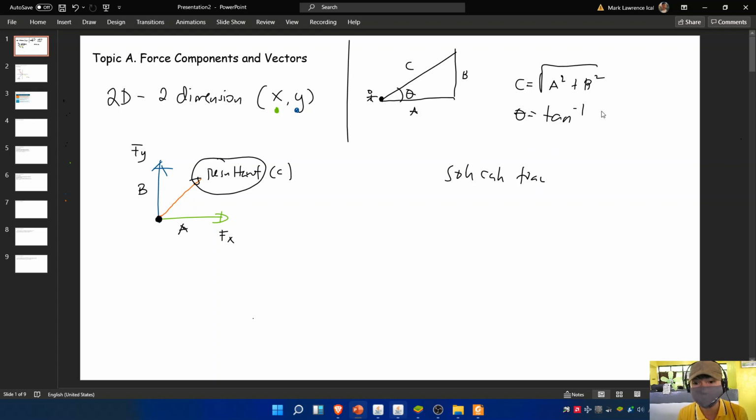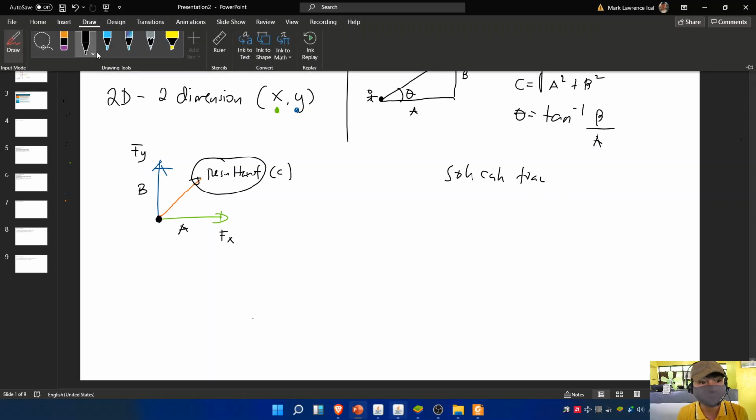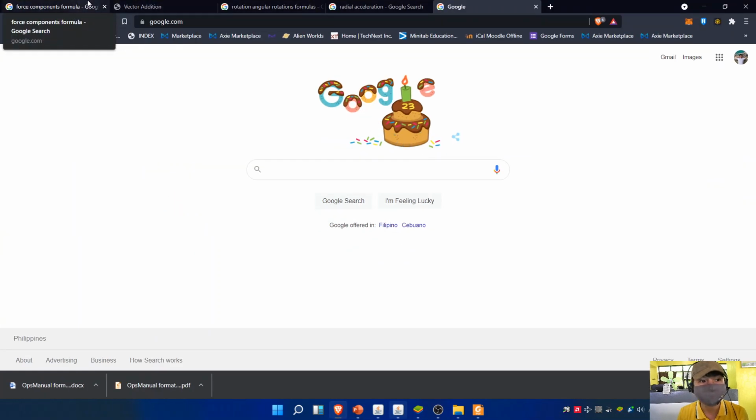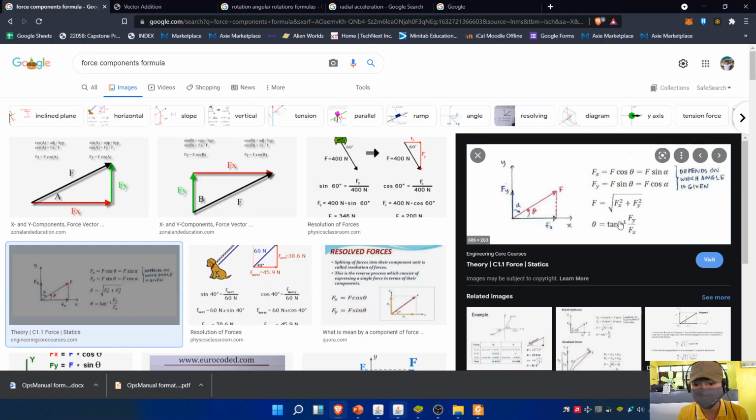So that's opposite, which is B, over the adjacent. So arctangent B over A.